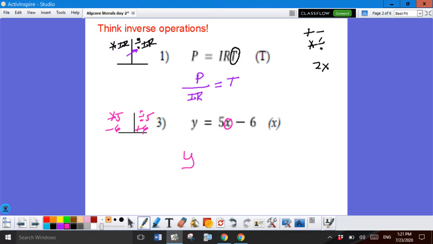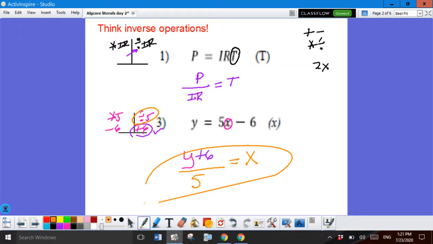So I'm starting with Y. So where am I going to write plus 6? In front of it or behind it? Hopefully you said behind it. So I have Y plus 6, that's done. Second step, divide by 5. Draw a line, write a 5. Who did not move? The X. So if you got Y plus 6 divided by 5, you are a rock star.